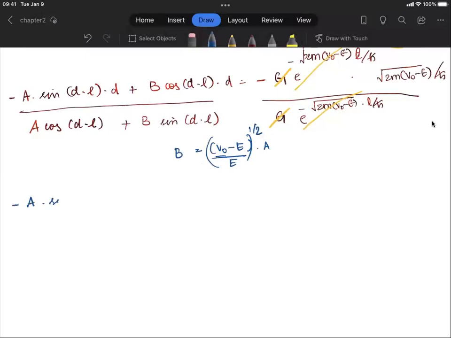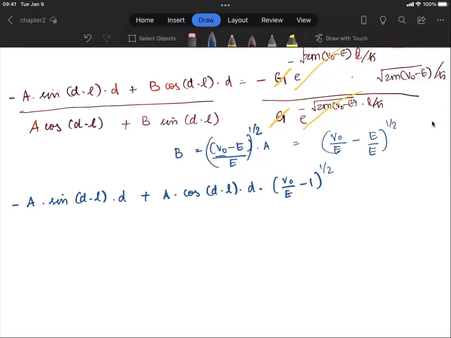So I have, I'm going to write this as V0 over E minus 1 to the power half, right? So I can write it as, and E over E is basically 1.